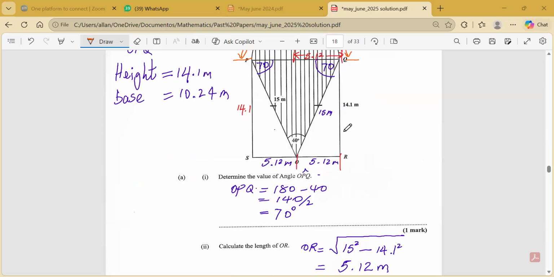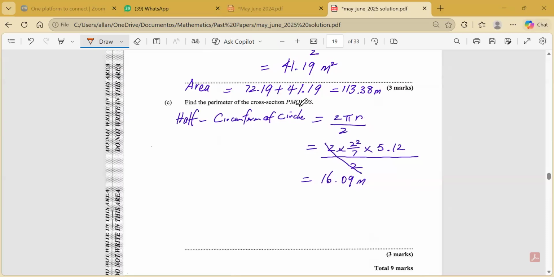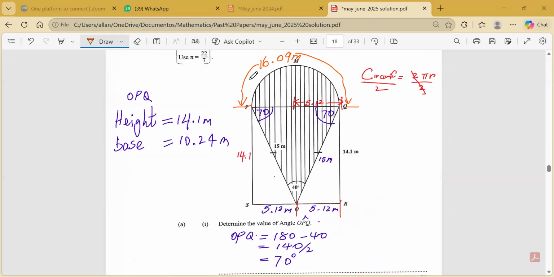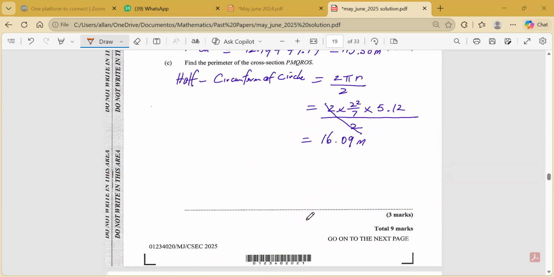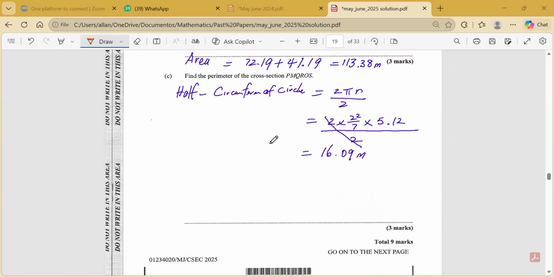The distance around the arcs. Find the perimeter of the entire thing. You have to add the 16.09 plus this, plus this, plus that. Yeah, they're looking better, Matthias. Everybody okay?